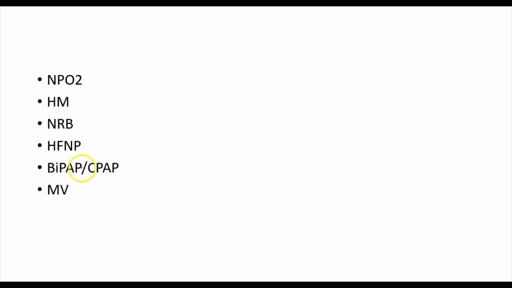As their name implies, the main difference is that in CPAP there's a continuous single set level of pressure. That is the same pressure delivered throughout the respiratory cycle, whereas in BiPAP there's an inspiratory pressure and a lower expiratory pressure.